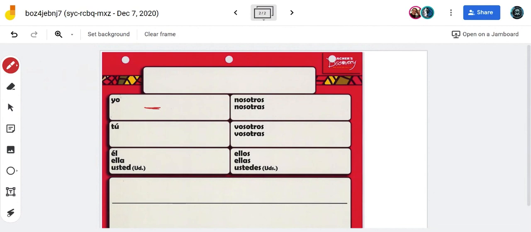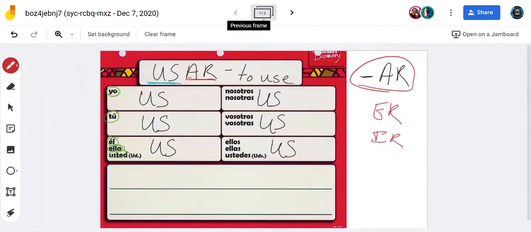So the yo form of any AR verb, we got a dash, and we're going to put an O at the end of any AR verb. So with usar, if we wanted to say I use, it would be yo uso.